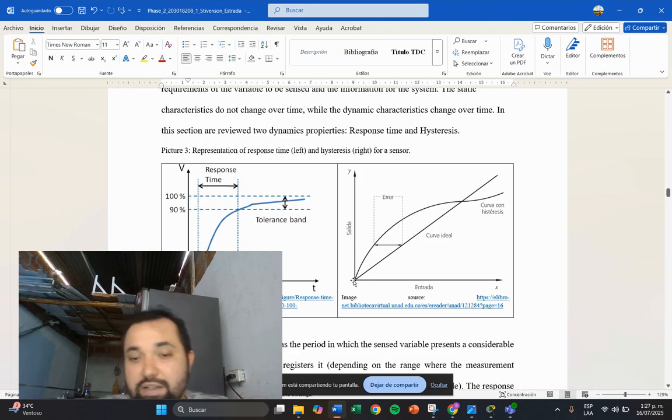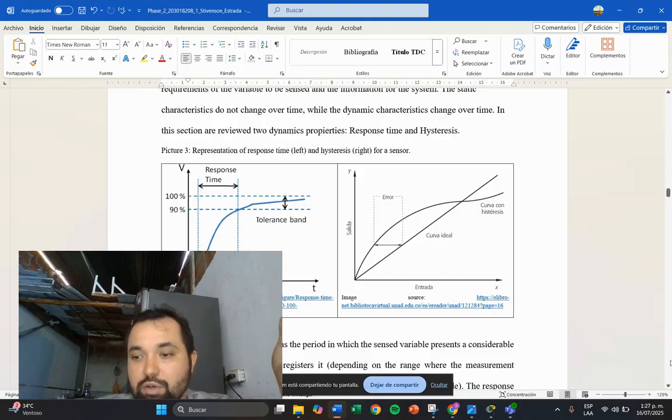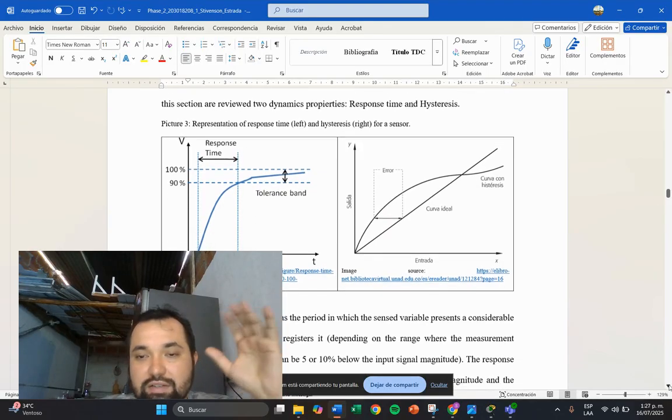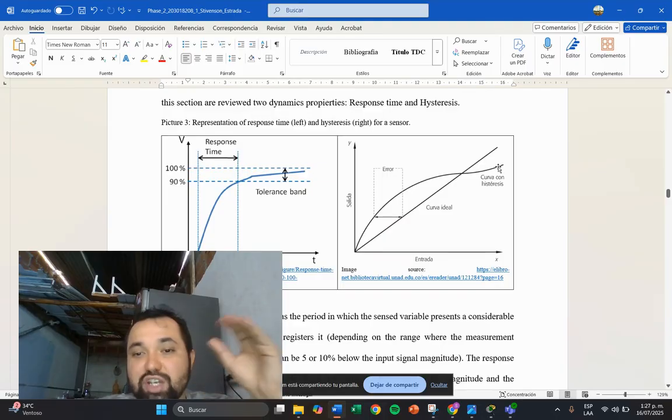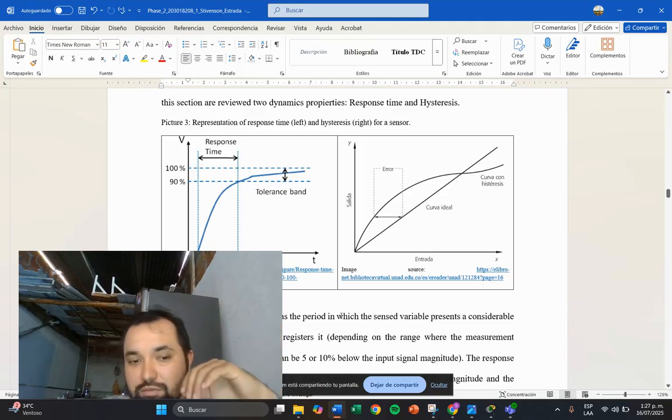The difference with linearity is that the hysteresis has some values above and some values below the ideal curve. So the hysteresis is a property that changes when the signal loads or unloads for the sensor.